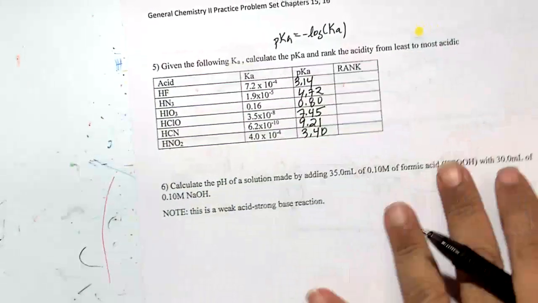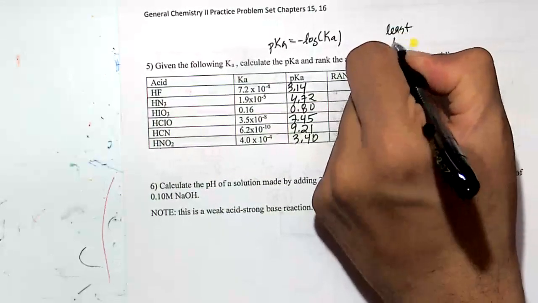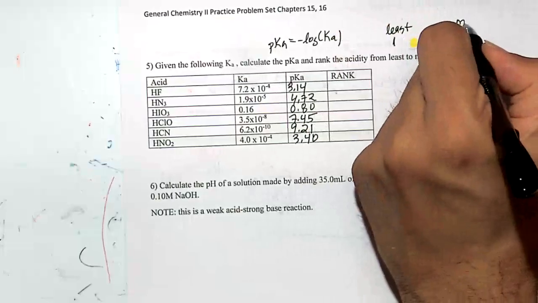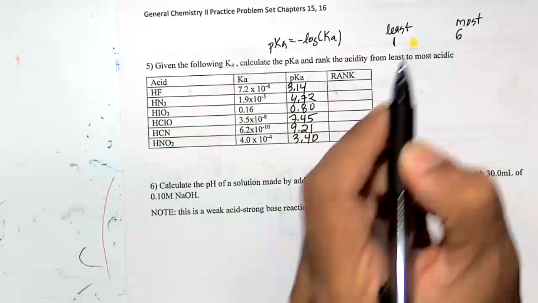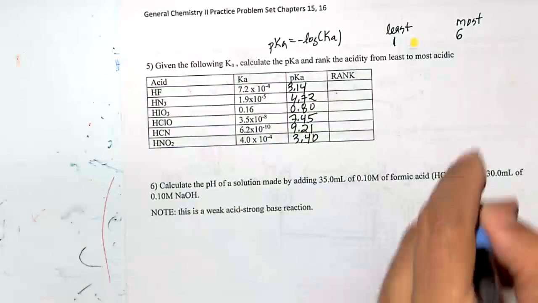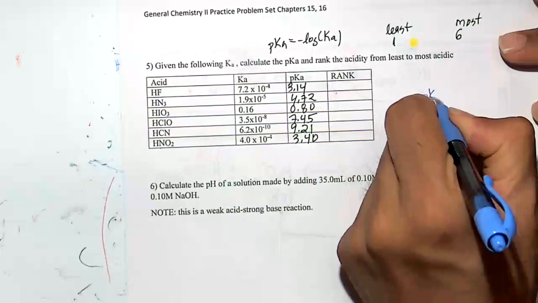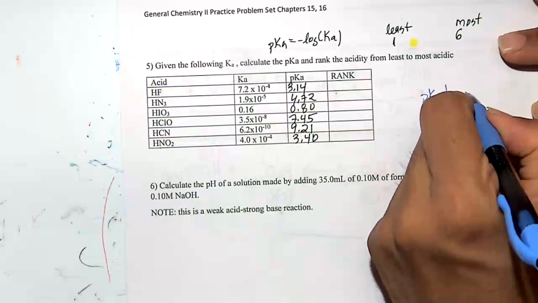All right, the least acidic to the most acidic. So we'll call the least acidic 1, and then the most acidic 1, 2, 3, 4, 5. Okay, so how will we rank these? Okay, so the lower the pKa corresponds to higher Ka.